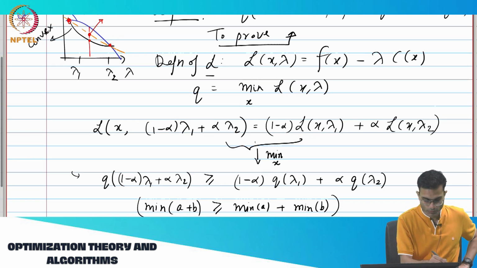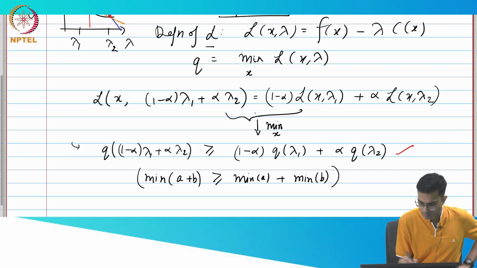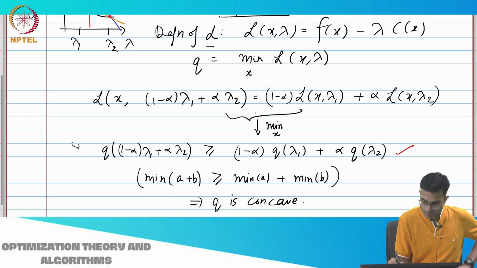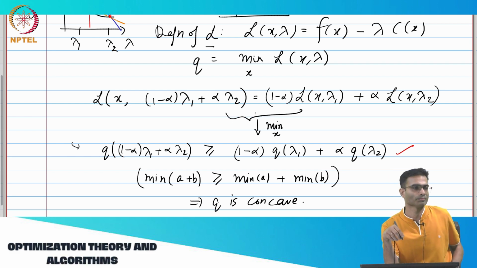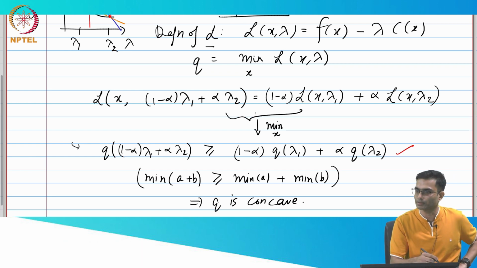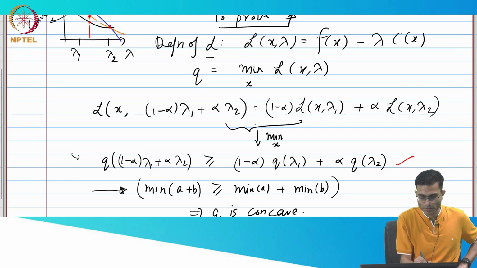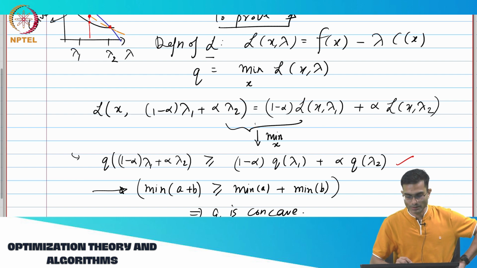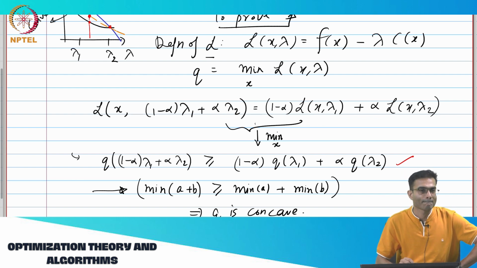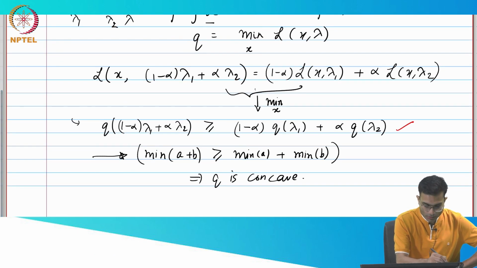So therefore we get, it's actually a very simple proof, does not involve any complicated proof by contradiction or this, that and the other. So did everyone follow this? This is something that you can convince yourself by just taking a few examples that this inequality is going to be this way. So we've got that it's a concave function.